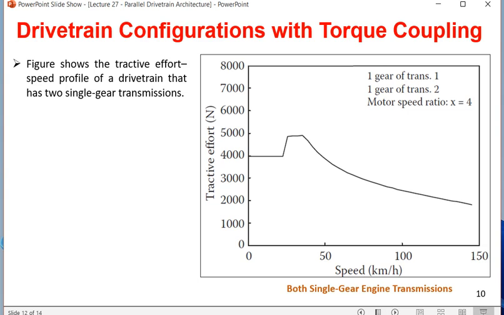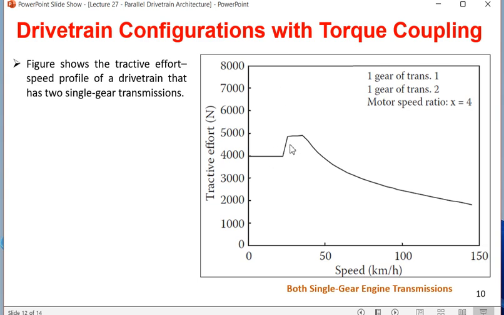When the first gear of transmission 1, that is from the engine, and first gear of transmission 2, that is from the battery and motor, are used in combination to drive a parallel hybrid electric vehicle, what is the tractive effort versus speed characteristic? With both single gear transmissions, you find net tractive effort has reduced.